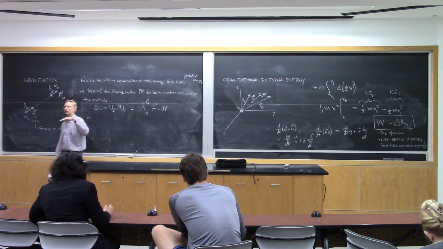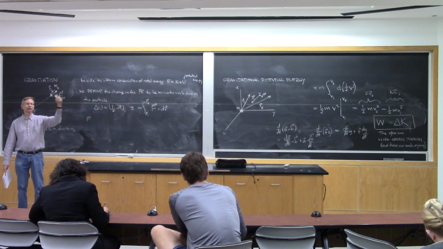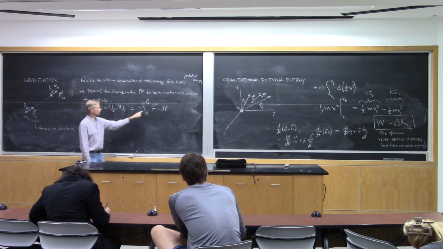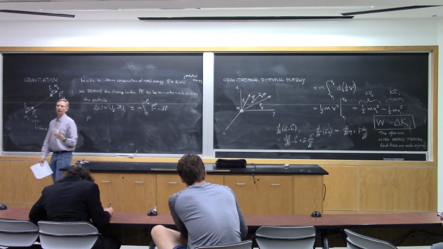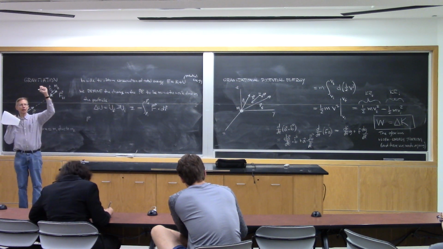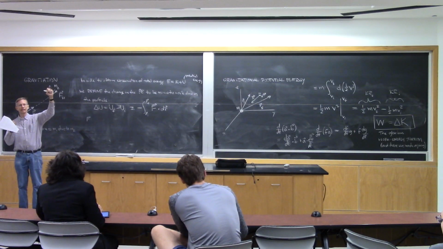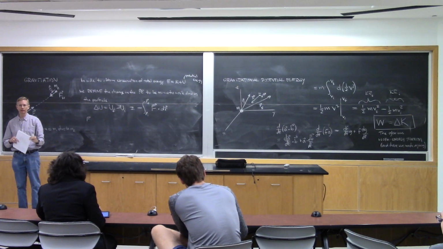It has to be true that no matter what path the particle took, this integral would always give the same thing, so that the change in the potential energy only cares about where the particle started and ended, and not how it got between those points.